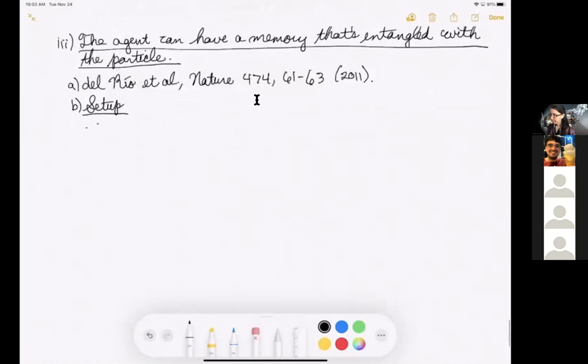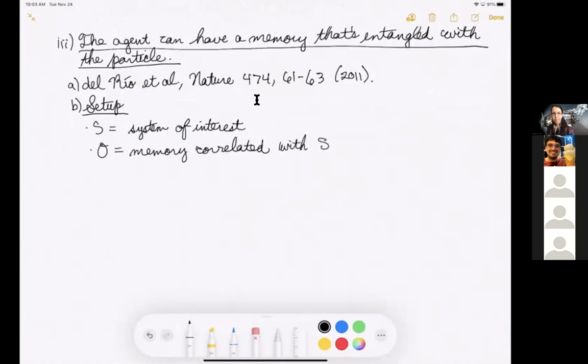Now we have a system of interest S, which is the particle in the box. There's a system O that's a memory correlated with S. This memory might be entangled with things other than S if it's a large memory.